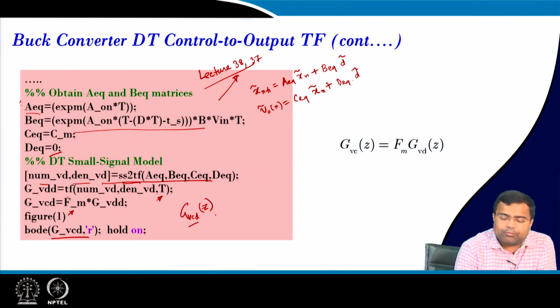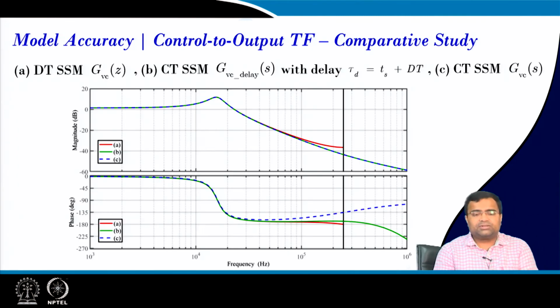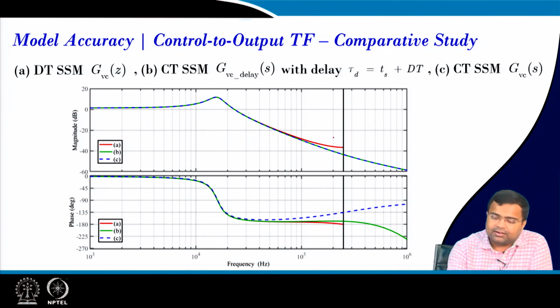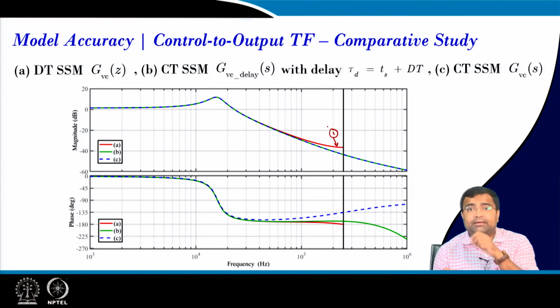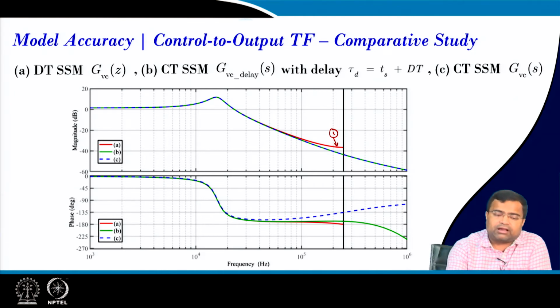When you do the Bode plot, it will actually plot GVCD in the W domain, where the Z and W domains are more or less close for lower frequency approximation. So, we use the bilinear transformation, and this is the plot. In this plot, the first one is A, the discrete time control to output transfer function, and since it is in discrete time, you cannot plot beyond half of the switching frequency.